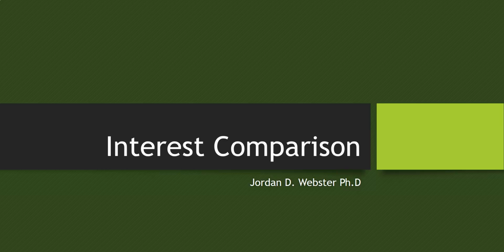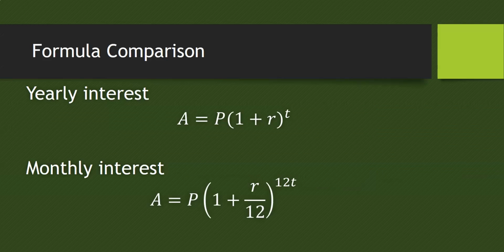In this section, we're going to be comparing interest gained in different investments. Now, we saw a little bit of this in the last section. We saw that if interest is compounded on a yearly basis, then we can use this formula to calculate the final amount you have in the account.